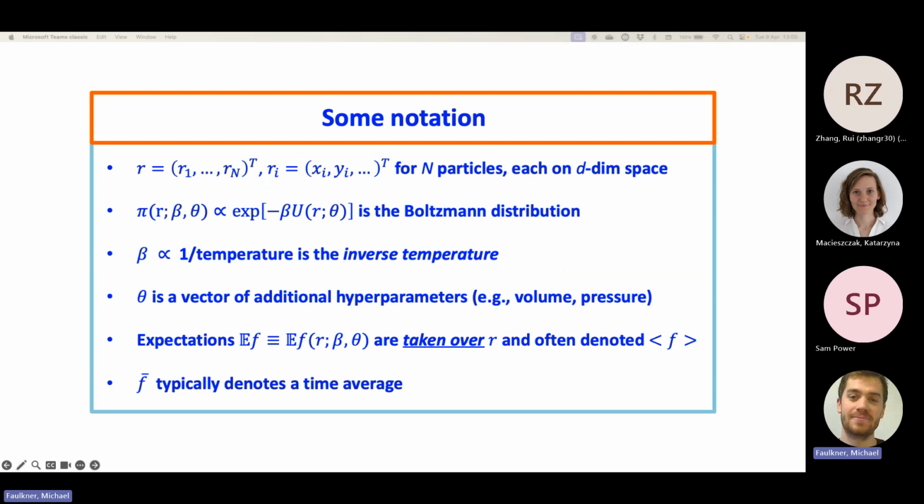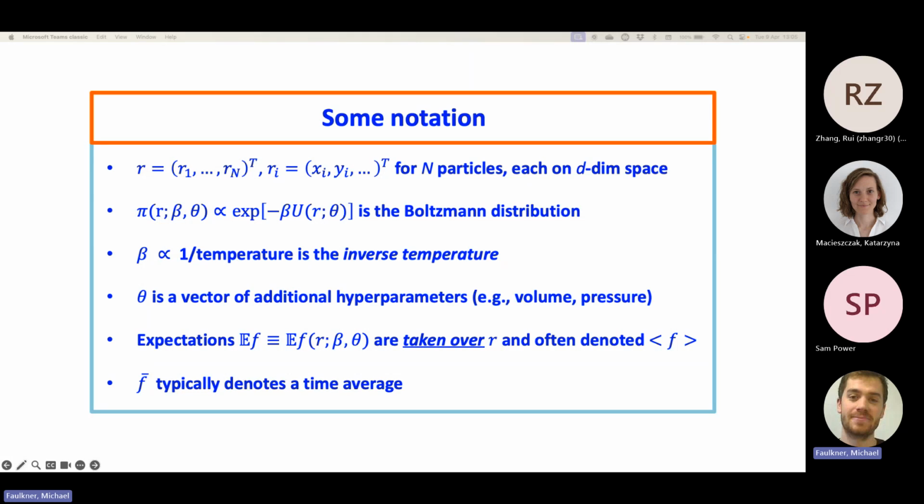So first of all, I'm going to denote R as a vector representing the state of the system. So we have n particles on some d-dimensional space, and the position of each particle is denoted Ri, and it might have components xi, yi, etc., depending on the dimensionality of the space in which it exists.